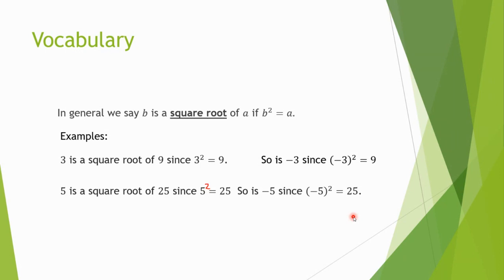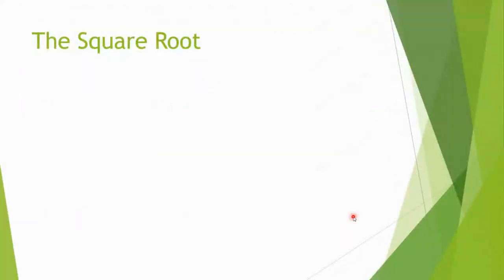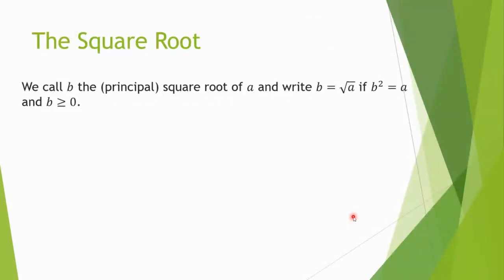Now, since there are 2, we want to somehow be able to distinguish between them. So how do we do that? Well, that's where the next terminology comes into play, and notation as well. We say b is the square root of a.